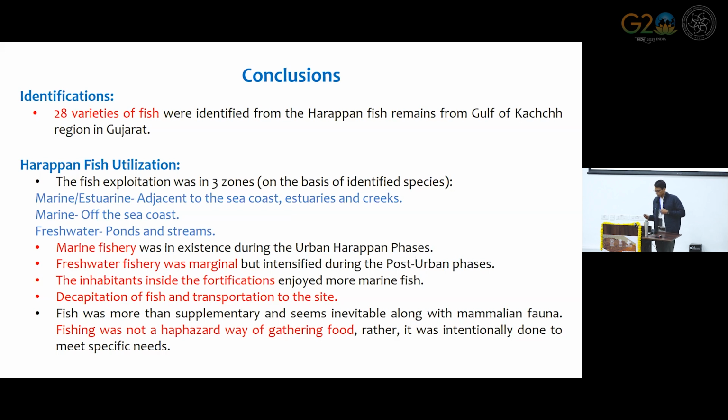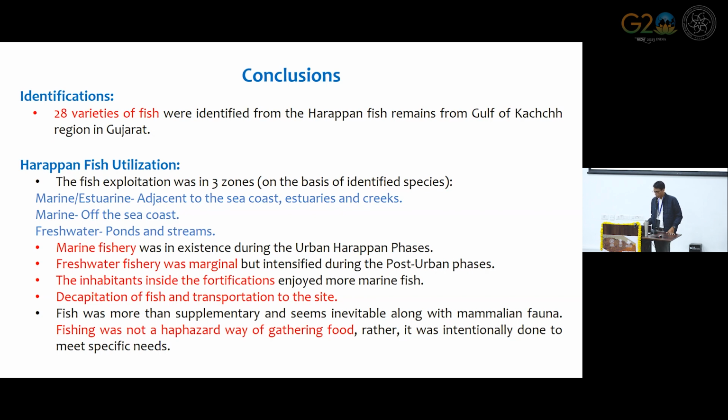These are the conclusions. A total of 28 varieties of fish were identified, and on the basis of taxa identification, 3 zones of fish exploitation areas were assumed. We can say marine fishery was very well in existence, especially during the urban Harappan phases.